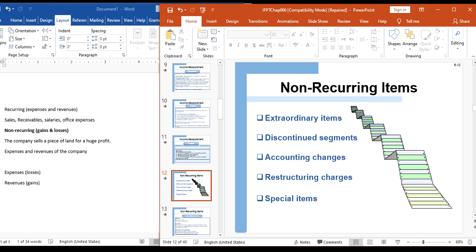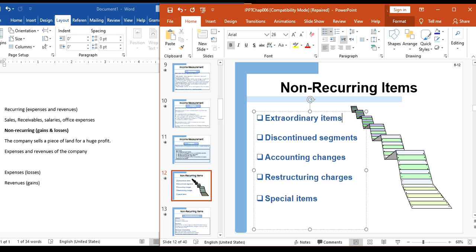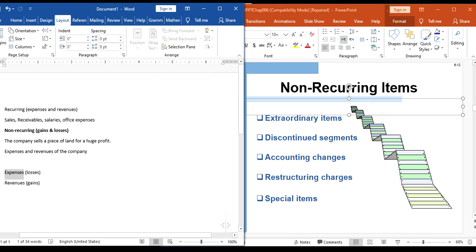We said extraordinary items, like the 2008 financial crisis, earthquakes in Japan, and coronavirus, actually the pandemic now. Then discontinued operations or segments. I'm going to give you an example for this. Okay, discontinued operations.